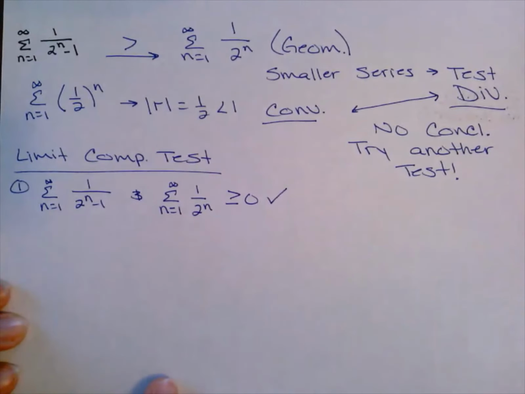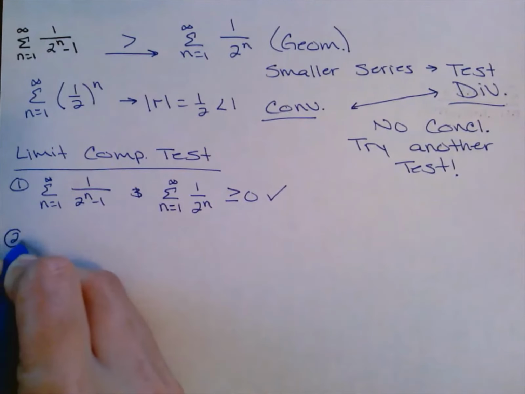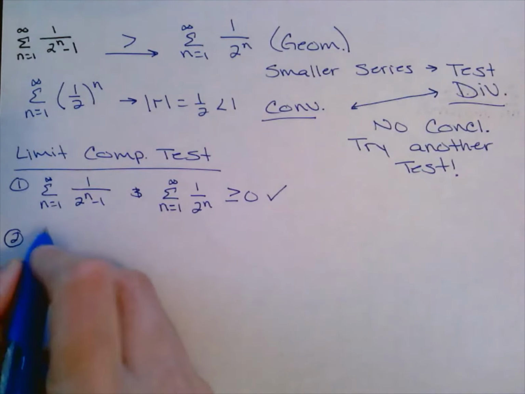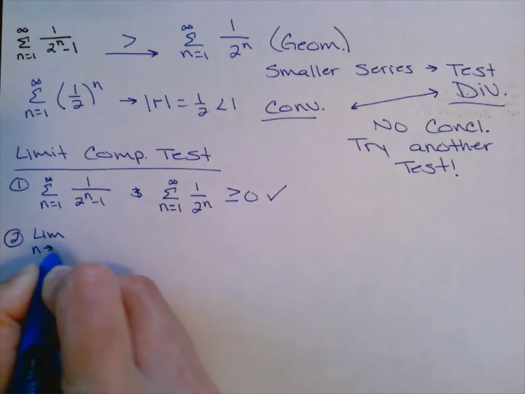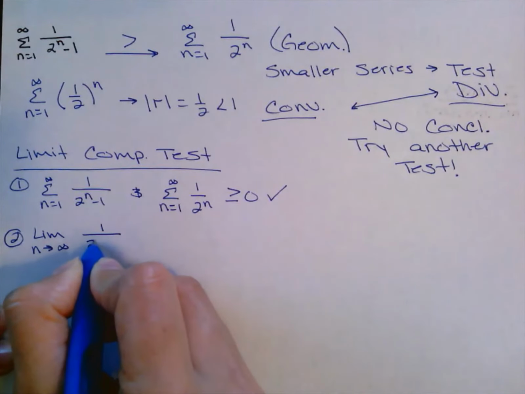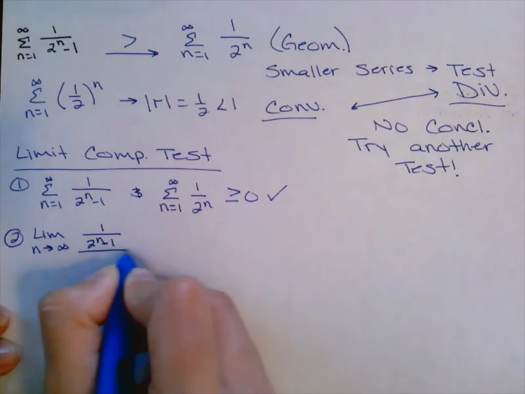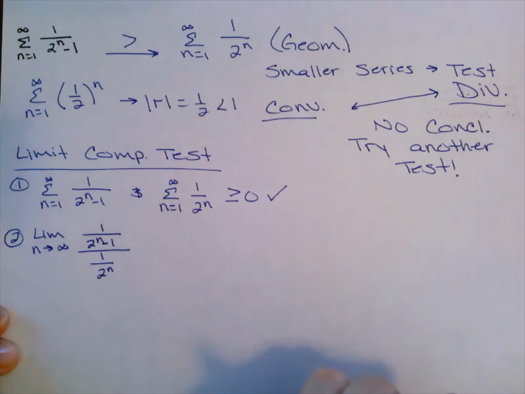Check mark, okay? Step 2, I now want to check the limit as n approaches infinity of the original divided by the new one that I'm working to compare, okay?